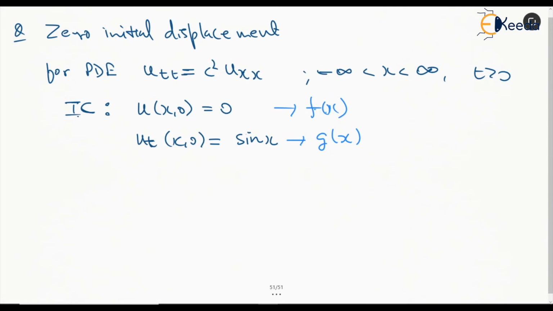So now that the function f of x is 0, we'll get only the integral part here. The first part of f of x plus ct and f of x minus ct will be 0 in this case. So we will get 1 by 2c integration from x minus ct to x plus ct. Let's say this is sin s ds. The integration of this will give minus cos.